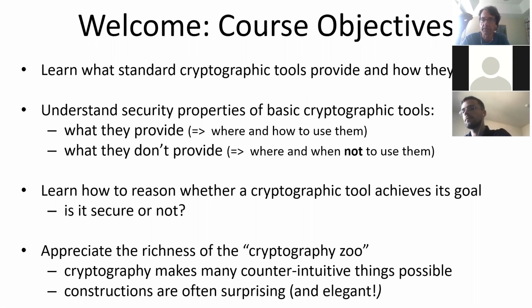And I believe that being able to see these things is a very fundamental thing that we want to teach in this class. Just be careful with this zoo of cryptographic objects that cryptography can provide.